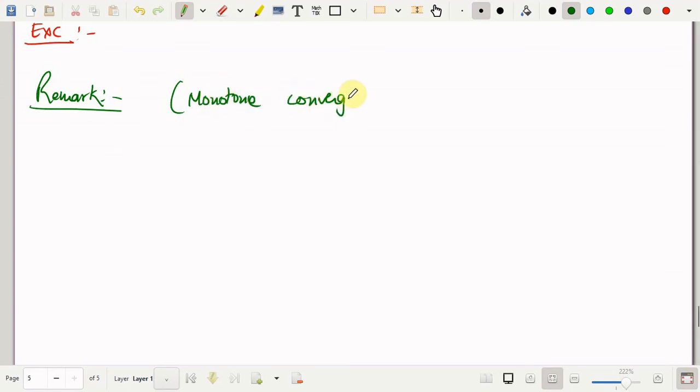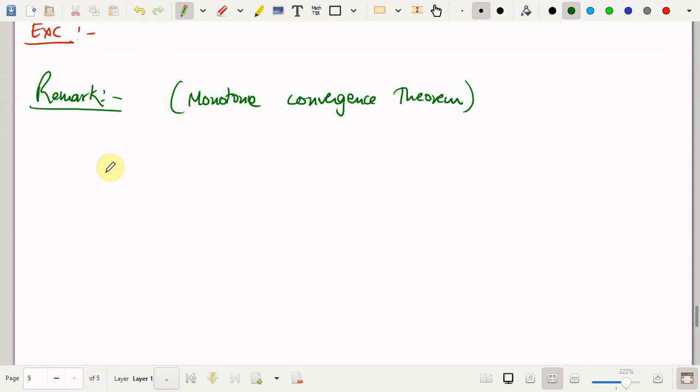So combining these two theorems, we have a result. One can conclude that this is called the monotone convergence theorem, and both of these theorems are a part of the monotone convergence theorem.